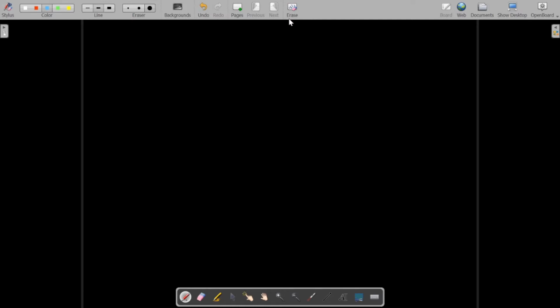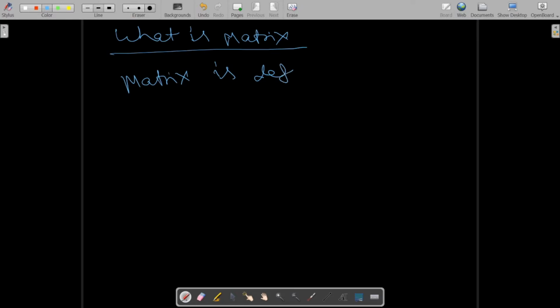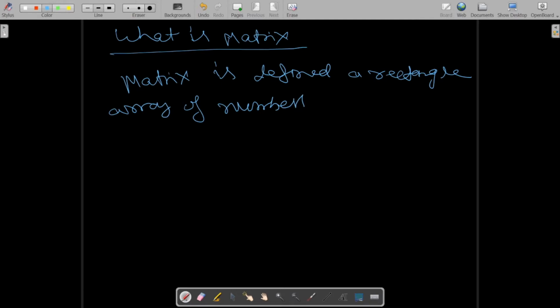Now let's come to the matrix. What is a matrix? A matrix is defined as a rectangular array of numbers, which is arranged in row and column manner.